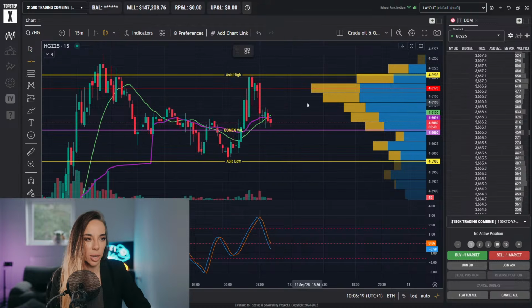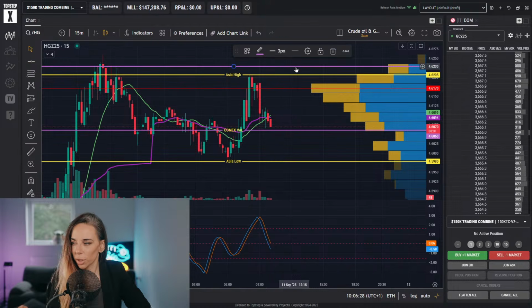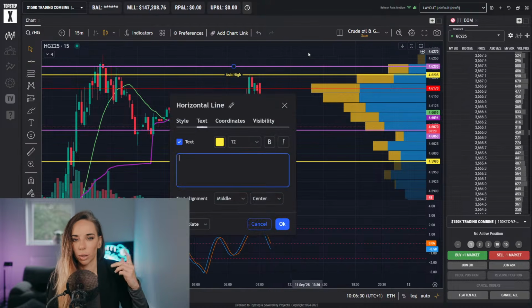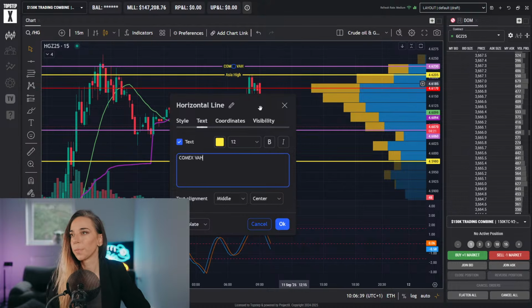And COMEX high is up at 62.30. So just outside of the Asia high, but still below yesterday's low. So COMEX, value high.